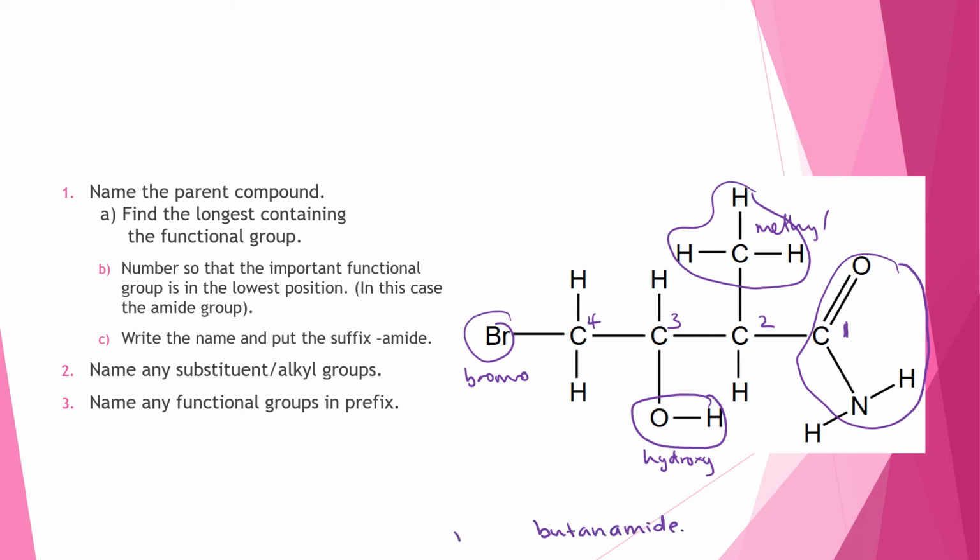You have a methyl group, which is a substituent or alkyl group, and that's on carbon number 2. And then you have a hydroxy and a bromo. Hydroxy is after the bromo because of alphabetical order. Hydroxy is on carbon number 3, and bromo is on carbon number 4. So 4-bromo, 3-hydroxy, 2-methylbutanamide.